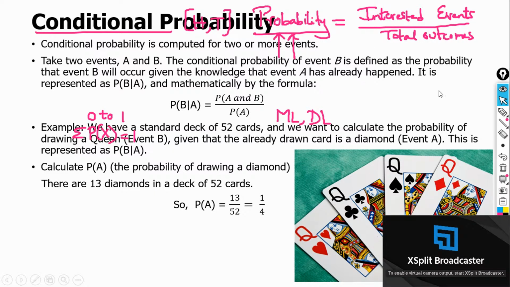Okay. So conditional probability talks about at least two or more than two events. It's not like you go and work on a single event.